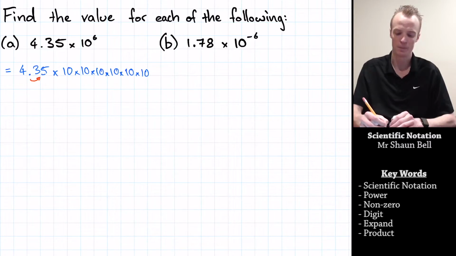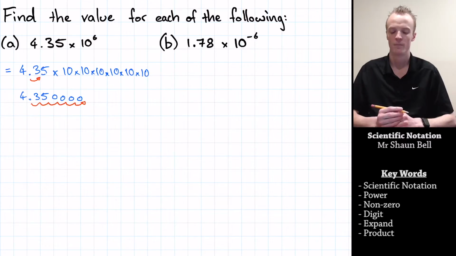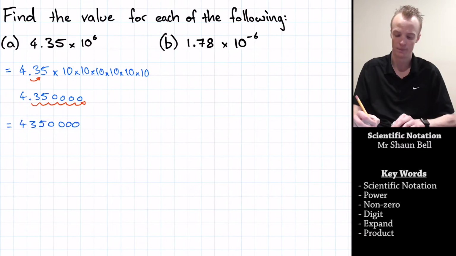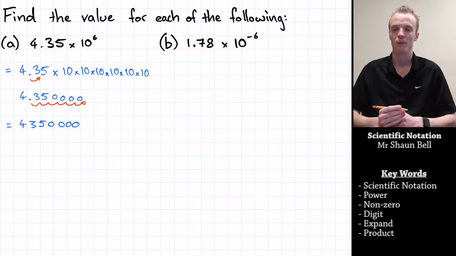So if we're multiplying by 10 6 times, we need to move this decimal place 6 times to the right. 4, 5 and 6. And we need to fill in the zeros anywhere that there's a gap between where we moved the decimal place. So when we multiply 4.35 by 10 to the power of 6, the number equals 4,350,000.